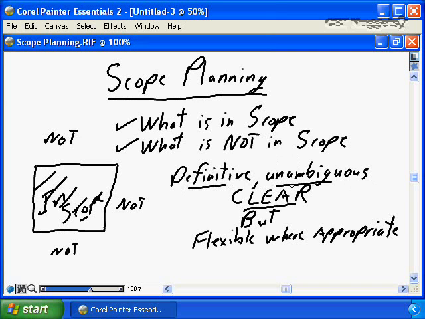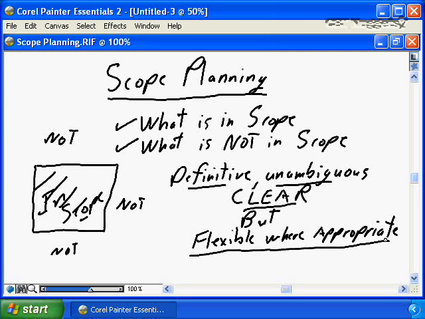I find using point form, bullets, far more unambiguous than long, flowing textual paragraphs. It needs to clearly define what is in scope and what is not in scope.